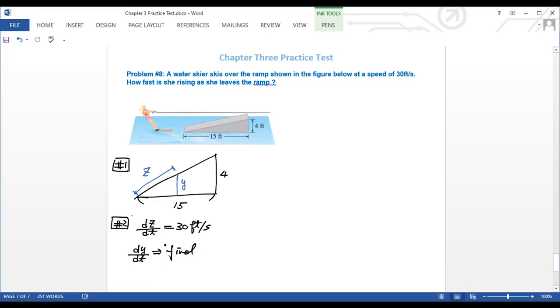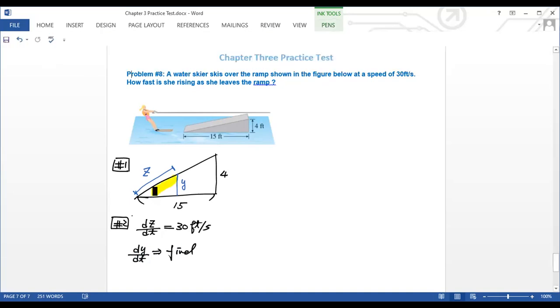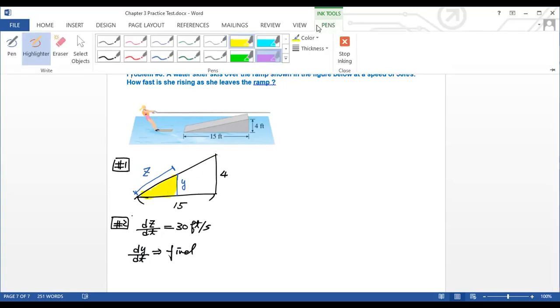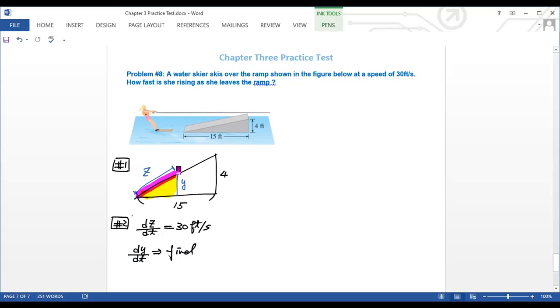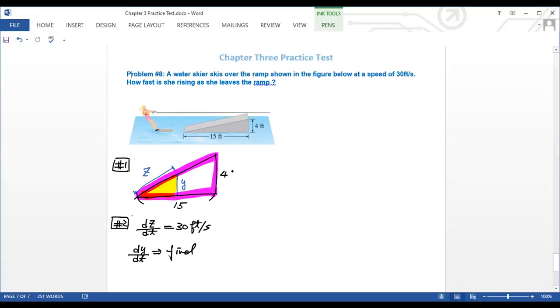Remember that when we see a triangle here, we have this small triangle, right? We did several of those types of problems during our lecture series, and this is my big triangle. Now I use triangle similarity, right? If this is 4, this is 15.